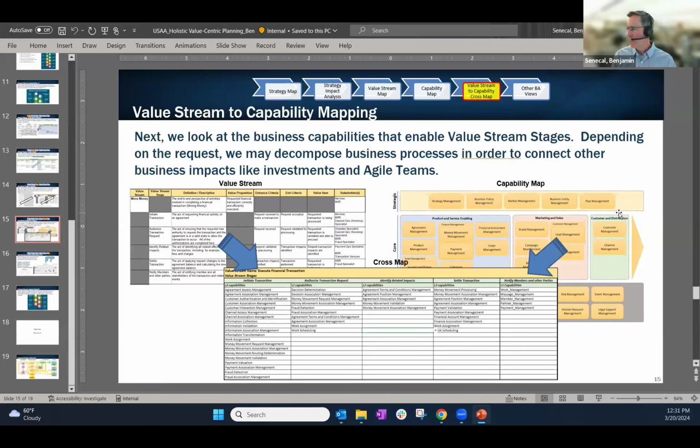I did listen in on the panel discussion yesterday on the reference models. The reference models have been extremely helpful that the Guild provides, both the common reference model, the financial services reference model, and the insurance reference model. We look at multiple reference models to try to get to a consensus.